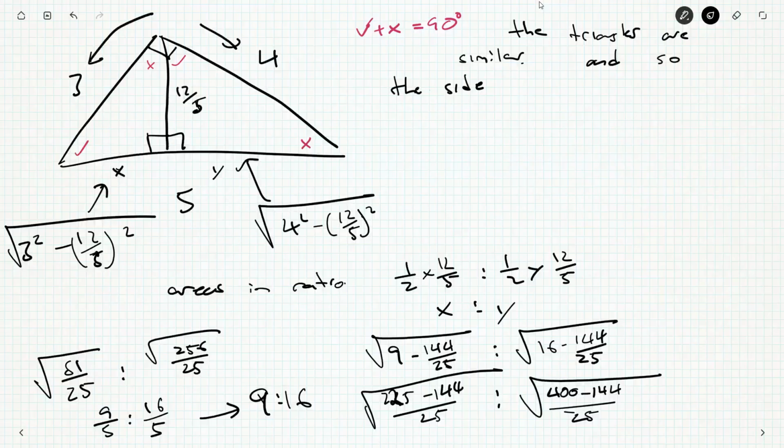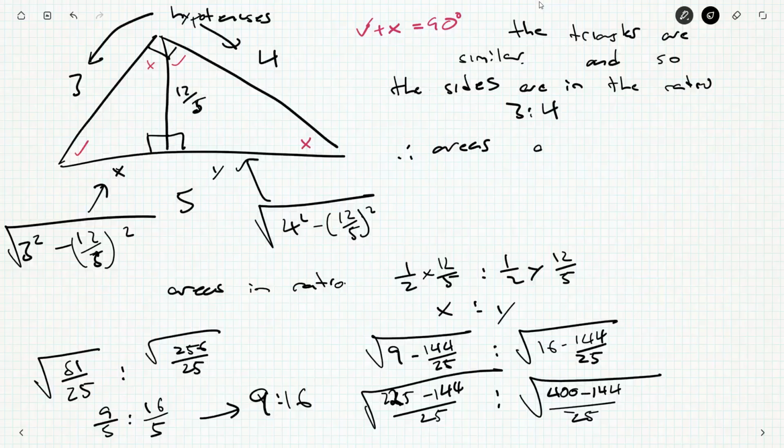These are the two hypotenuses. The sides are in the ratio, because they're similar, there's going to be a common ratio. So 3 to 4, therefore the areas are in the ratio 3 squared to 4 squared, which is just 9 to 16, which is something we directly computed earlier.